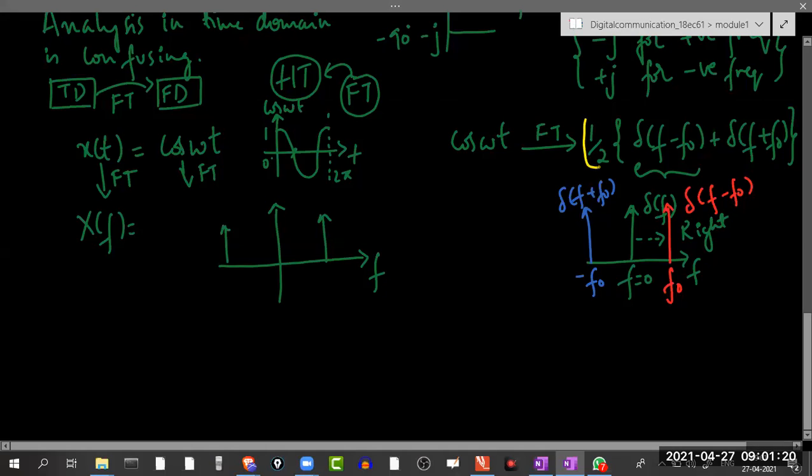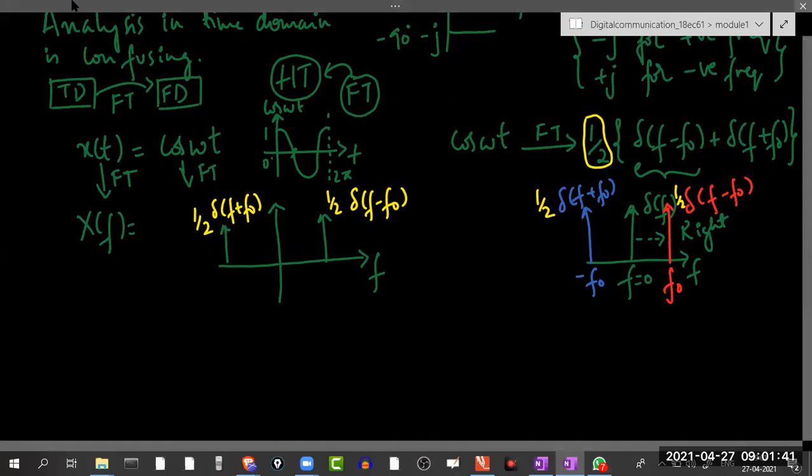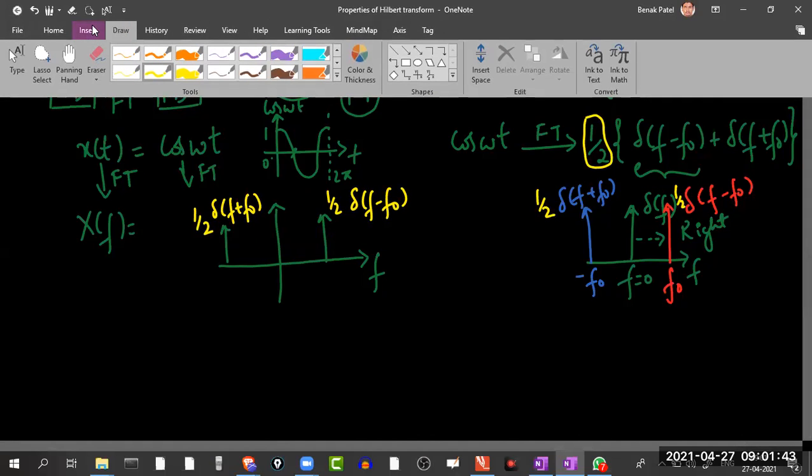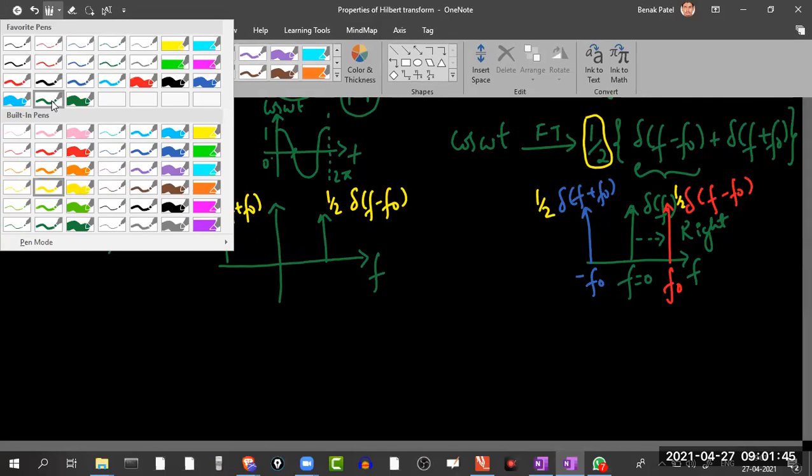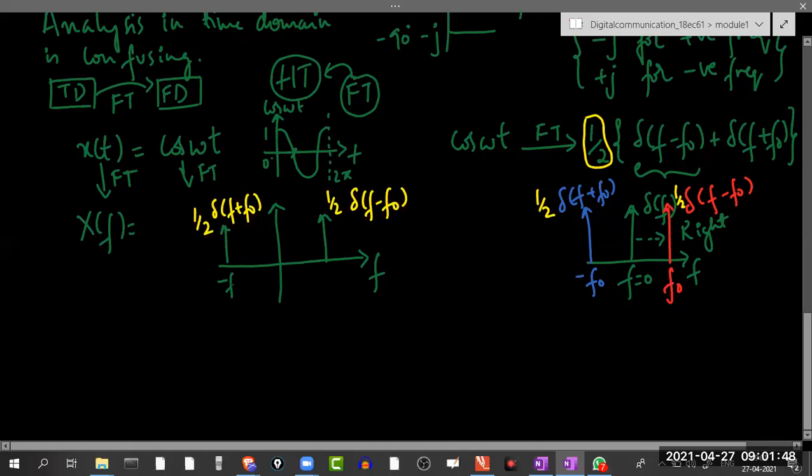So if I were to write this cos omega t in the frequency domain, it's half delta f plus f naught, and over here half delta f minus f naught, where this is some negative frequency and this is some positive frequency f naught.